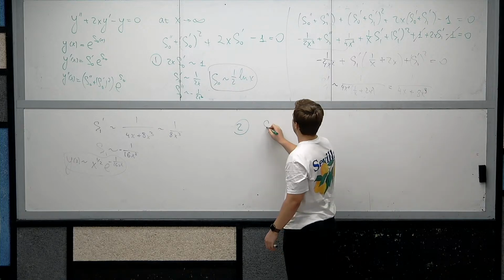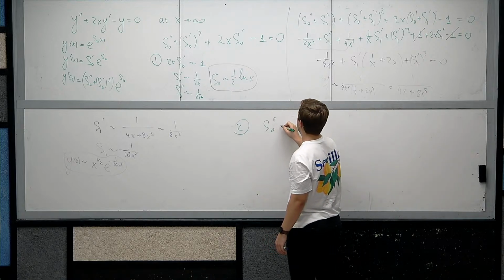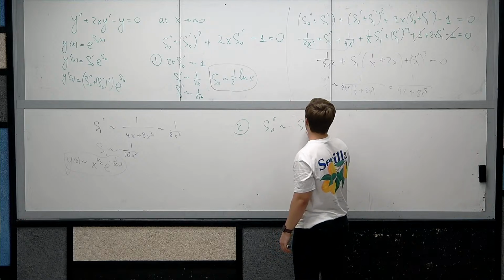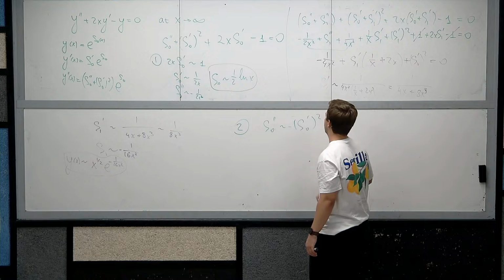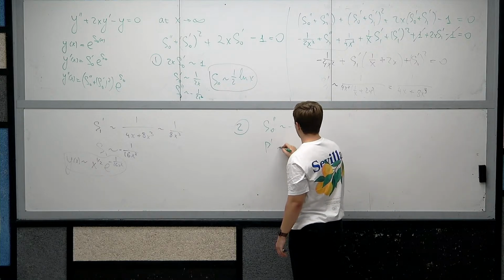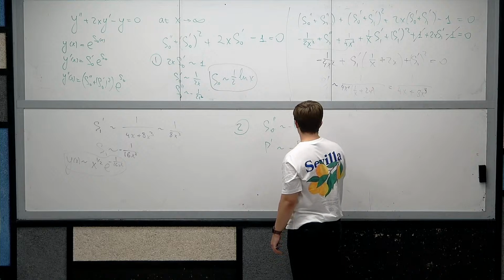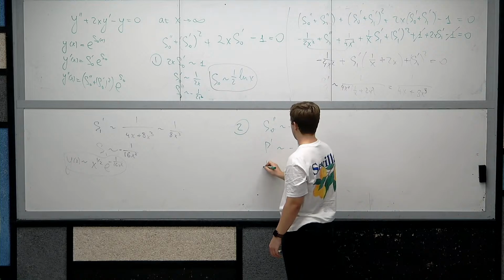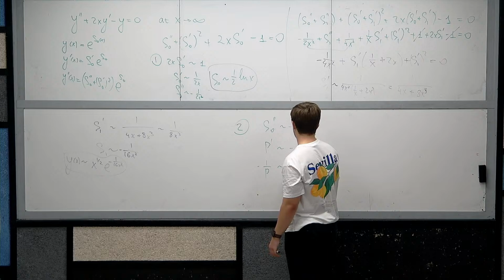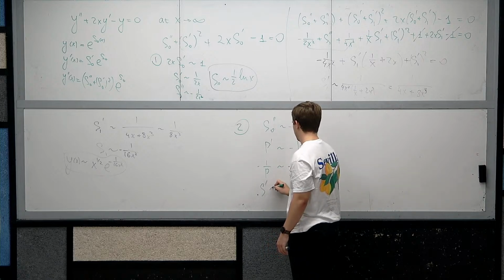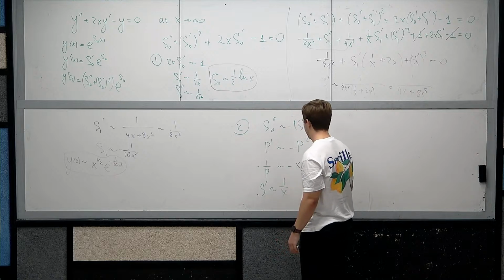Okay. S0 double prime minus S0 prime squared. Right? So again, P prime minus P squared. Then we integrate it and 1 over P with a minus here is minus x. Okay. Then S prime goes like 1 over x.